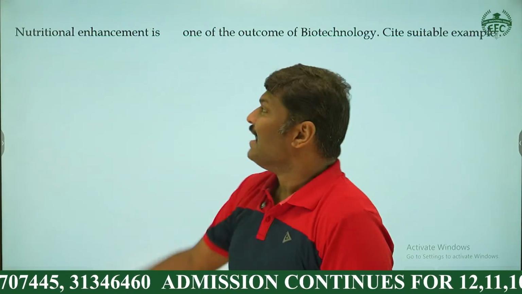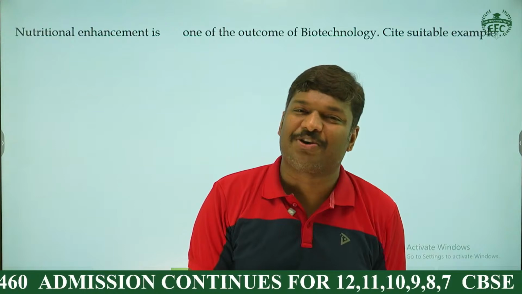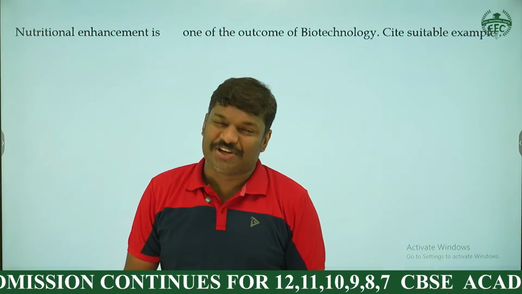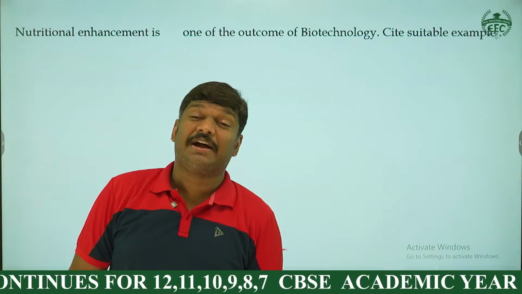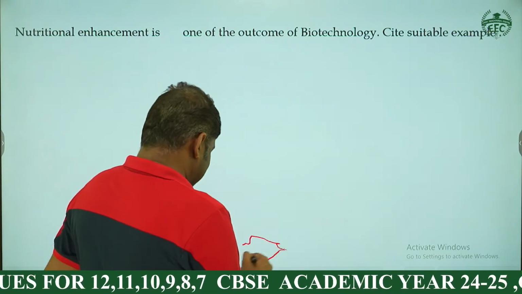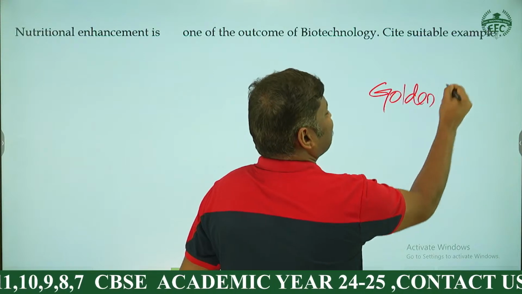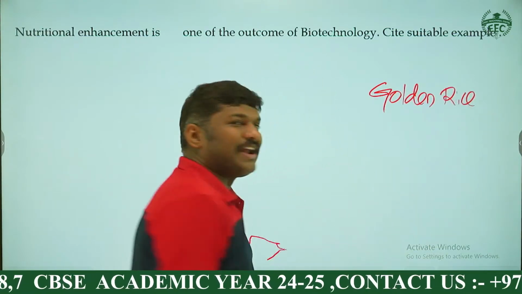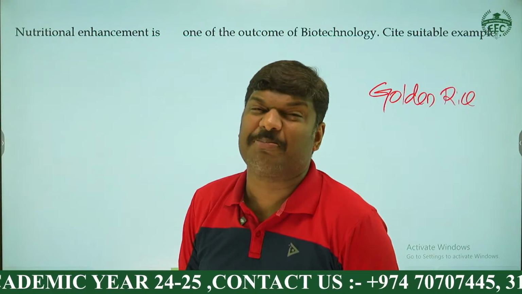From the advantages of genetically modified crops, we put the first question here: what is nutritional enhancement, my dear student? As you all know, the example is nothing but golden rice. A Switzerland company developed a special biotechnological product named golden rice.